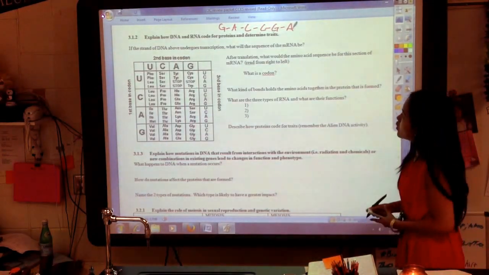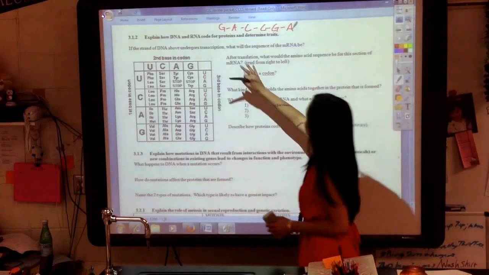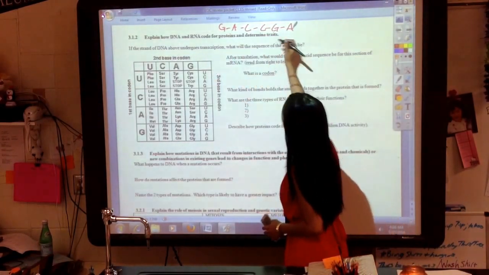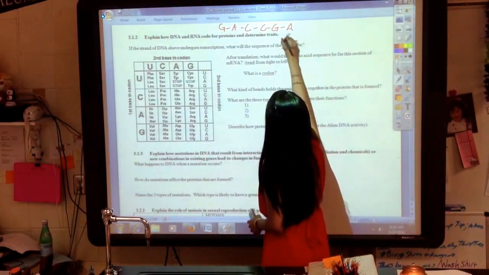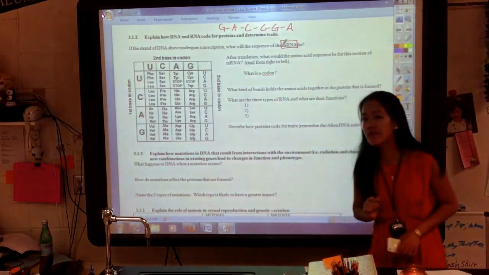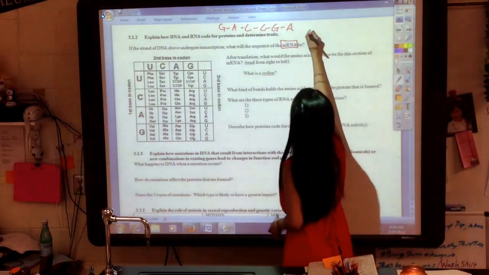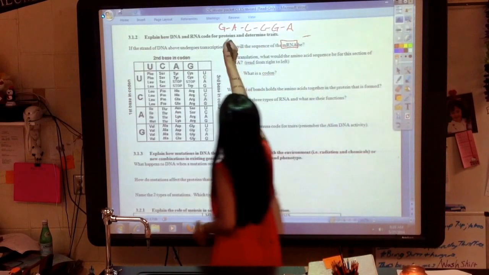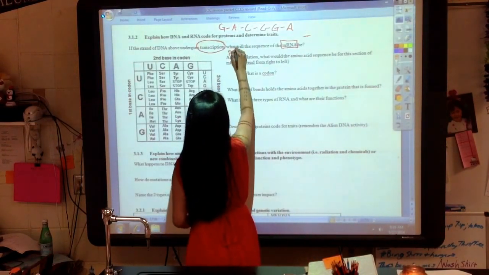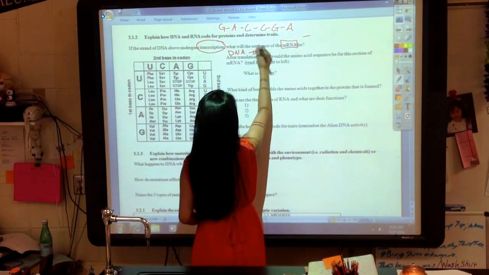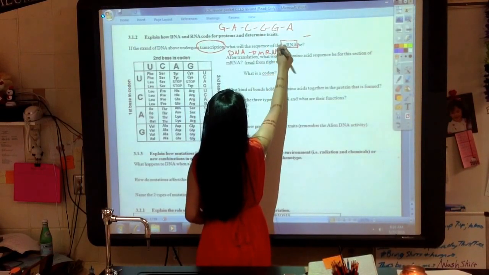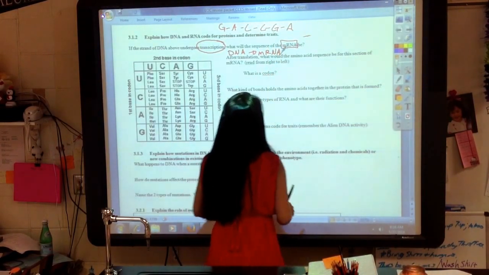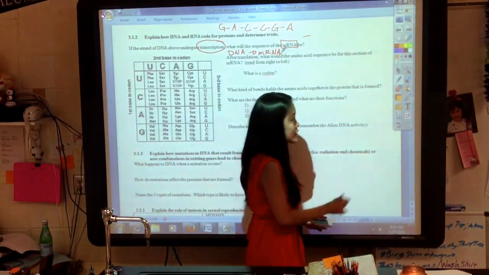What will the sequence of mRNA be? Remember that when we move into mRNA, this is called transcription. So we'll circle this right here. And that means we're going from DNA to mRNA. And do you guys remember how that base pairs?